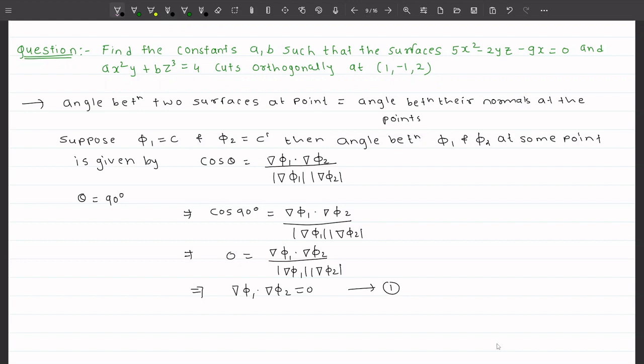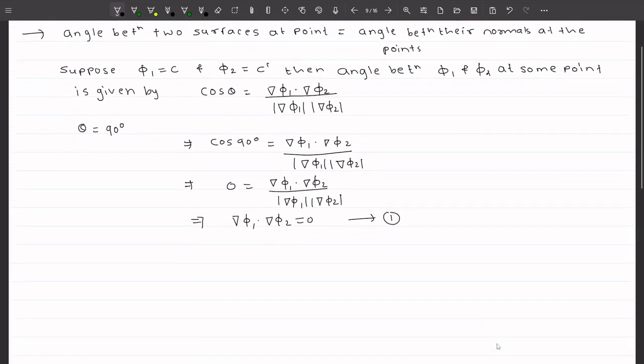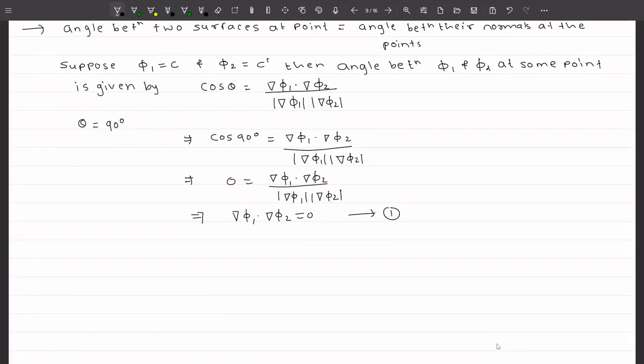So we just need to calculate the gradient of phi 1 and the gradient of phi 2 and take the dot product, so that we will get a and b, right? Let us find the gradient of phi 1 and phi 2.